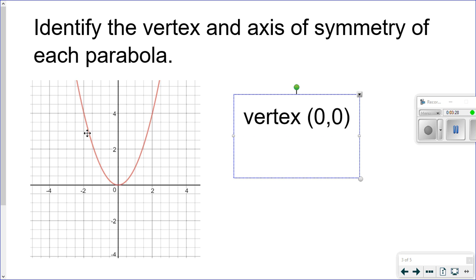We've already talked about how the vertex, the turning point, is kind of the midpoint, the half point. So the axis of symmetry is a vertical line going through your vertex. And because all vertical lines are written as x equals, at that point it is 0. So x equals 0 is our axis of symmetry there.